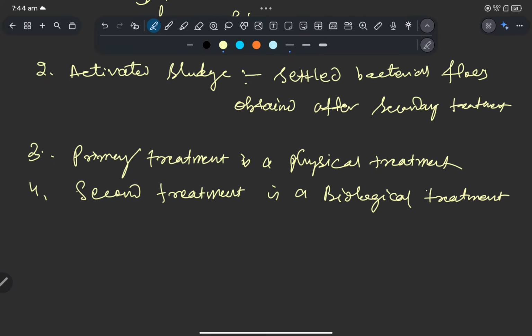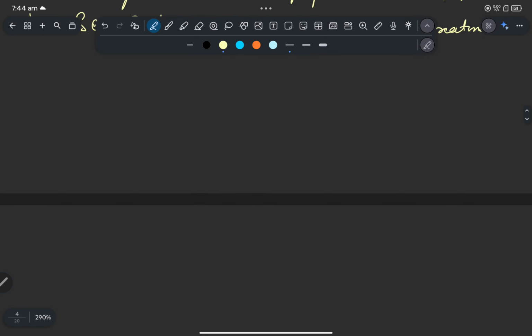Okay, now what is the problems arised due to urbanization? Problems, स्पेलिंग गलत लिख दिया. Problems arised due to urbanization.